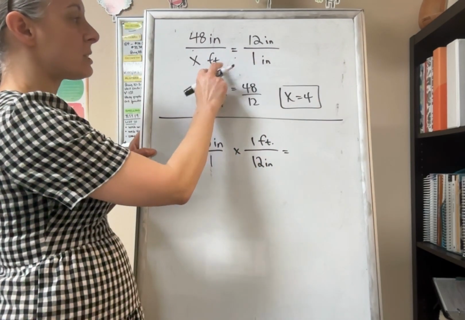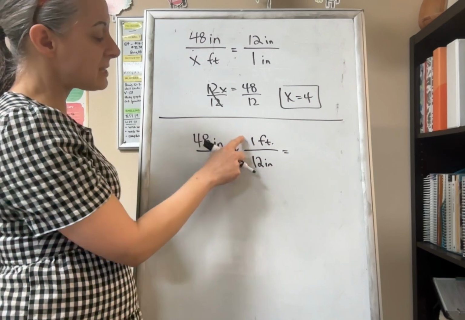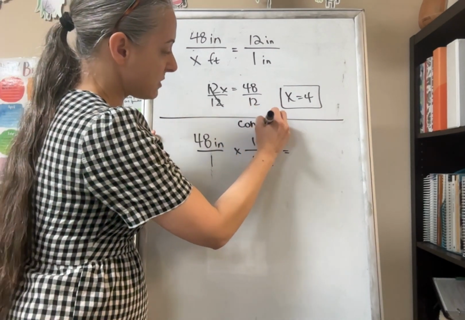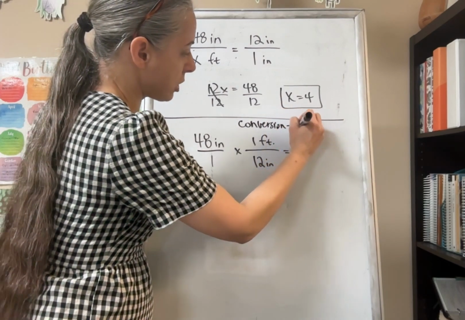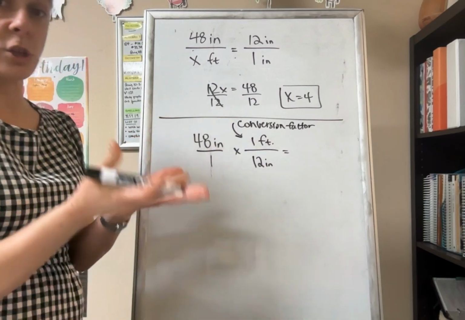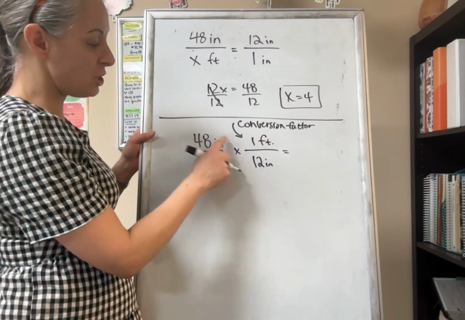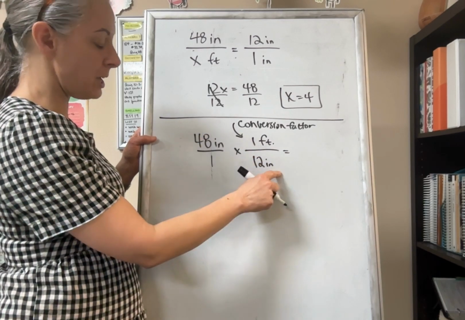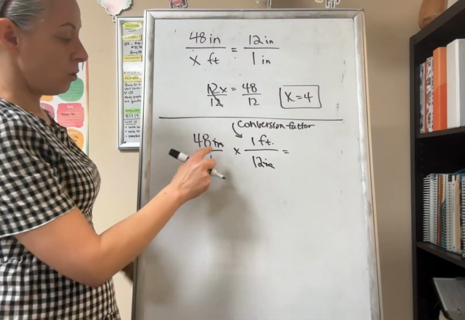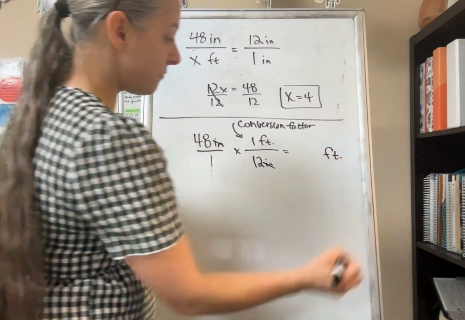There's no equal sign between my fractions. There's a multiplication symbol. So when I set up the next fraction, the conversion factor, that's what this fraction is called, is a conversion factor, because it tells me that 1 foot and 12 inches are equal to each other. I'm going to set this conversion factor up so that inches are diagonal from each other so that I can cancel out the inches. When I cancel out the inches, the only unit I have left are feet.